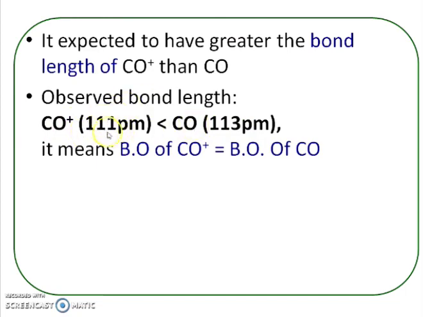Slight decrease in bond length. It means the CO plus ion is more stable than CO. There is a decrease in bond length and bond strength increases. So this indicates that the bond order of CO plus and CO must be the same.